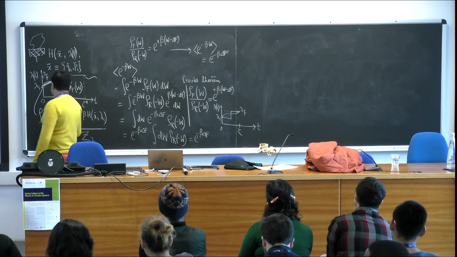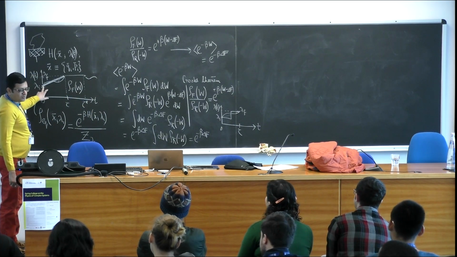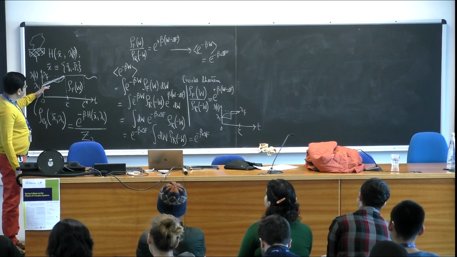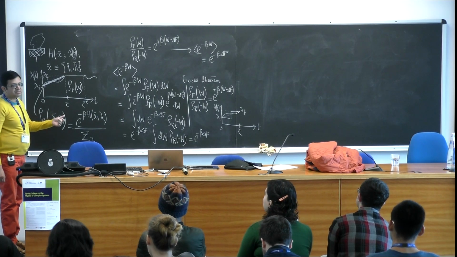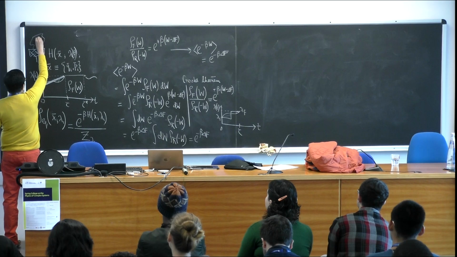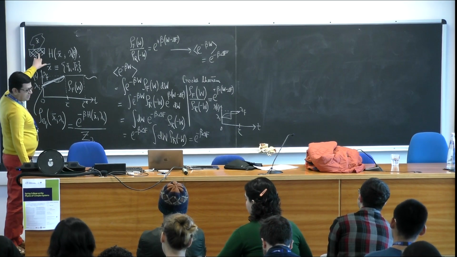Everything is stochastic here. Let's see what the dynamical processes are. The dynamical process is the time evolution of x. How does the microstate change as a function of time? Here x refers to a configuration or a microstate of this system, which is in contact with a heat bath.